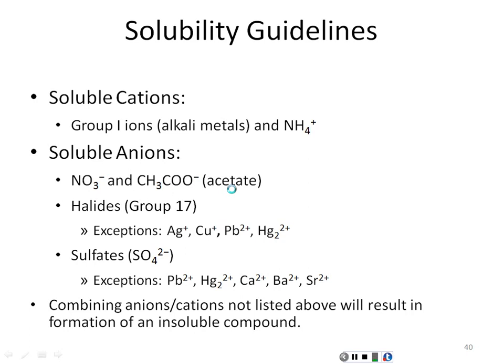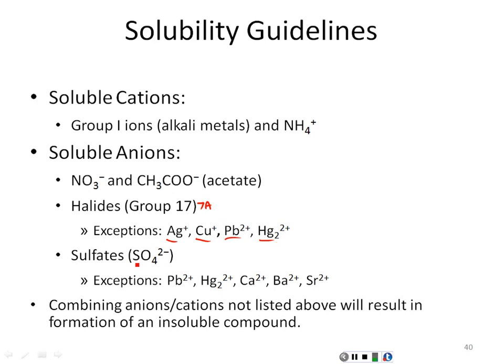The halides in group 17, or 7A, are going to be soluble for the most part, except when they're present with the following cations: silver plus, copper plus, lead 2+, and mercury 2+. That's a rule. It's really just something that you have to remember, that the halides are going to be soluble except with silver, copper, lead, and mercury.